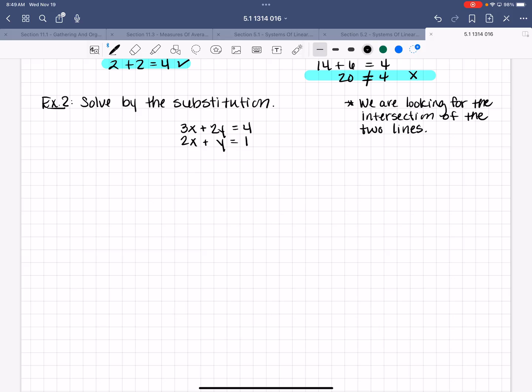Now, since we're doing this by substitution, we need to get one of the variables by itself. So, for one of the equations, get one of the variables on one side by itself.